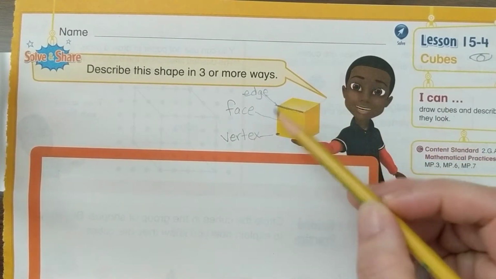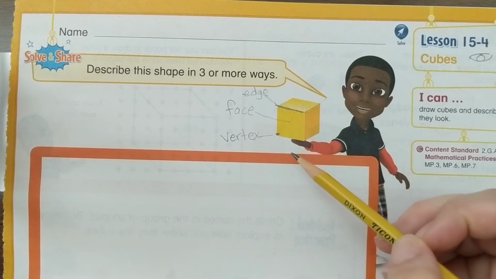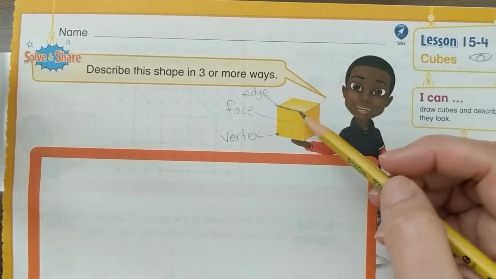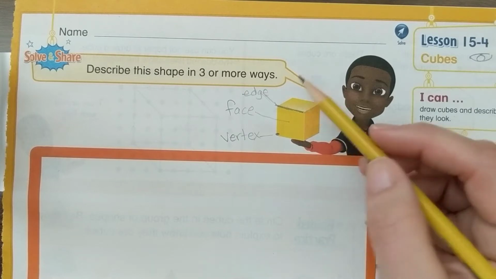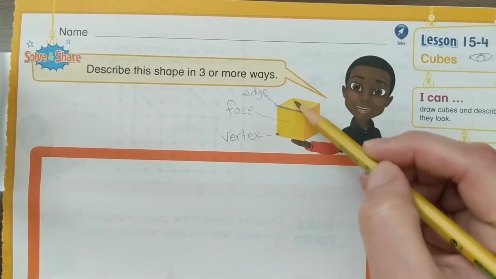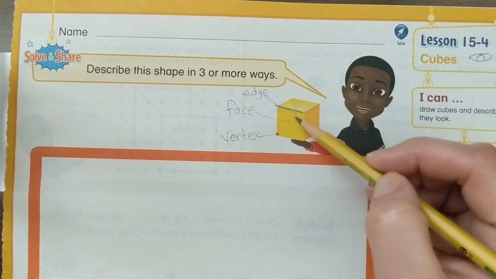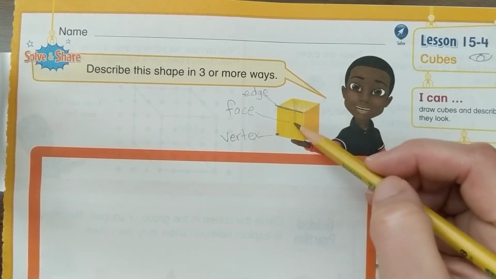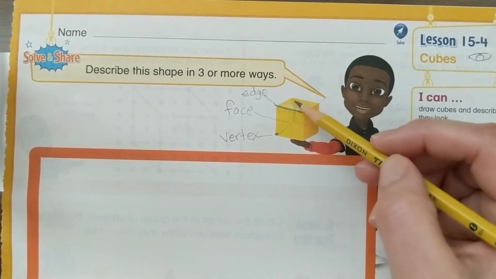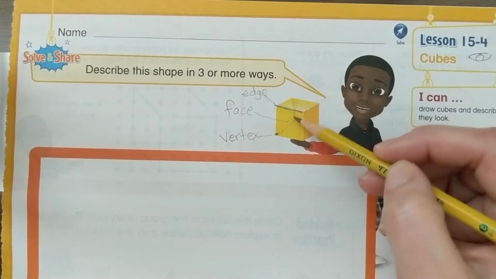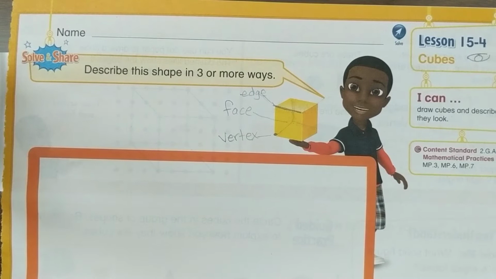Now, since a cube in real life is not flat, when we have a picture or a drawing of it, there's parts that we cannot see. There's an edge back here on the other side of the cube that we cannot see. So we have to imagine the back side that we can't see when we're counting them up.